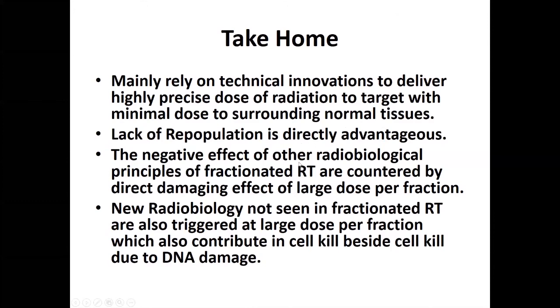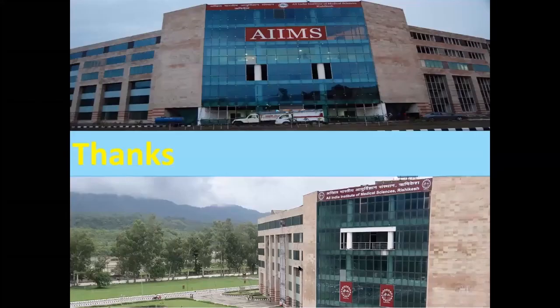The negative effects of other radiobiological principles like hypoxia or redistribution are countered by the direct damaging effect of large dose per fraction, which we have already seen. And new radiobiology not seen in fractionated radiotherapy also gets triggered at the large dose per fraction which we use in non-fractionated radiotherapy, and it also contributes to cell kill besides cell kill due to DNA damage. So with this, I finish. Deepak, over to you for any questions.